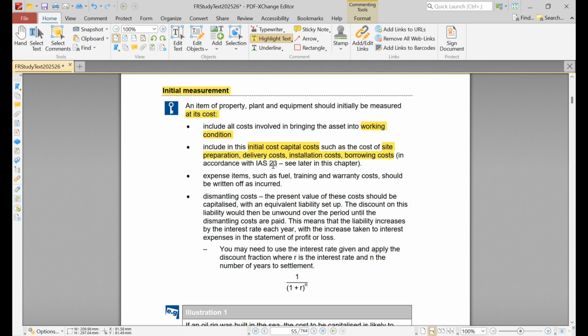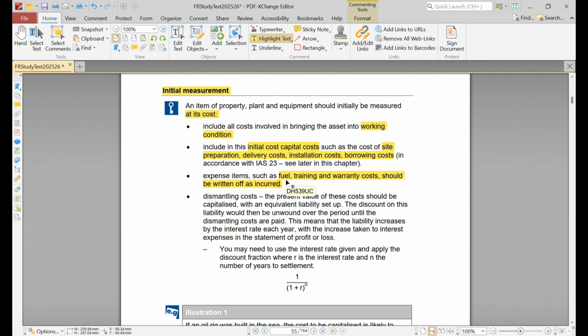Next, expenses such as fuel, training, and warranty cost should be written off. This is important. These costs are not to be included in the cost of the asset under IAS 16. These costs are to be written off, meaning that these should be expensed in the profit and loss statement.